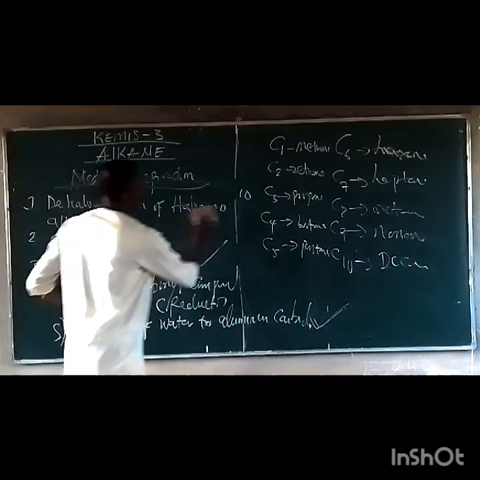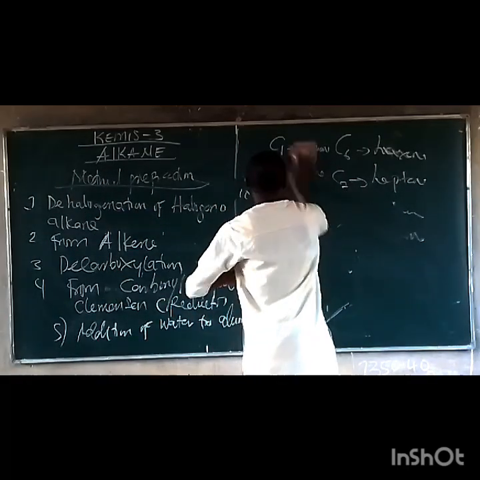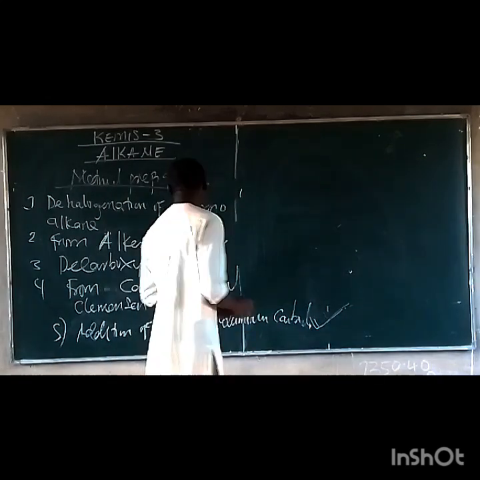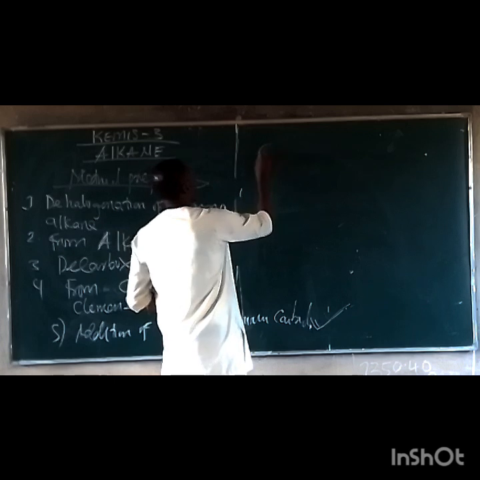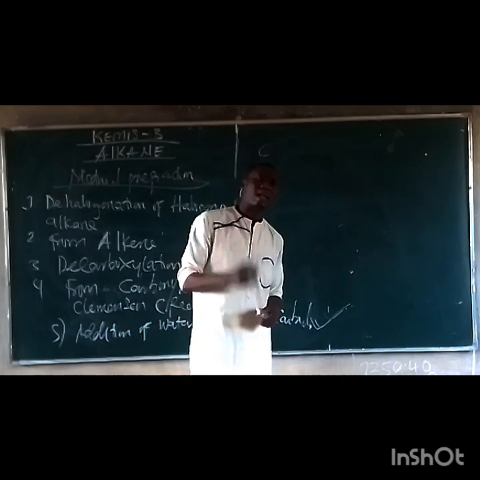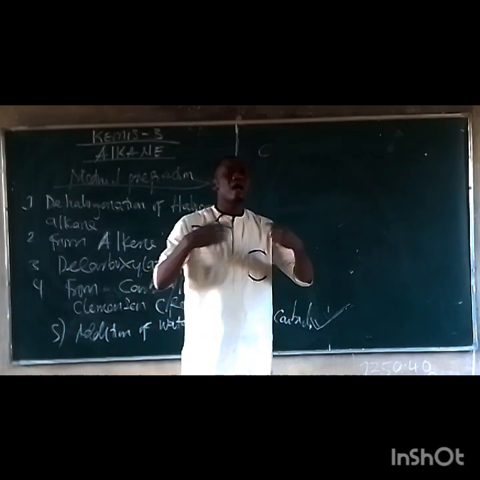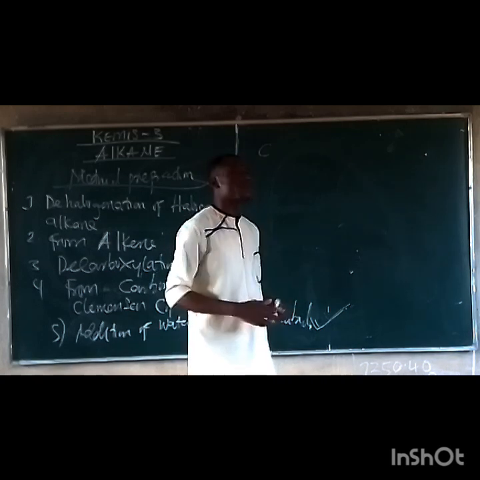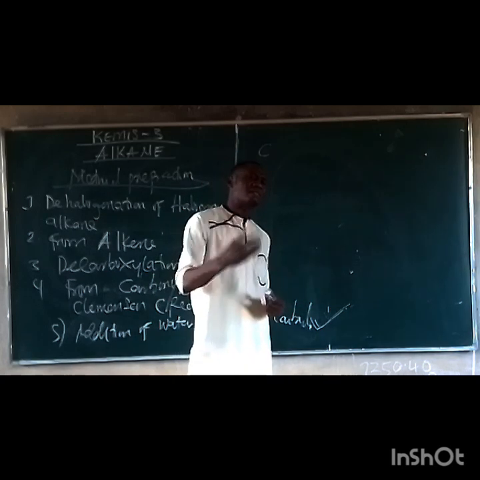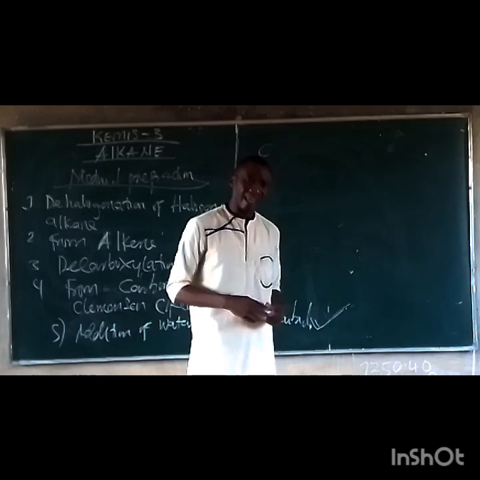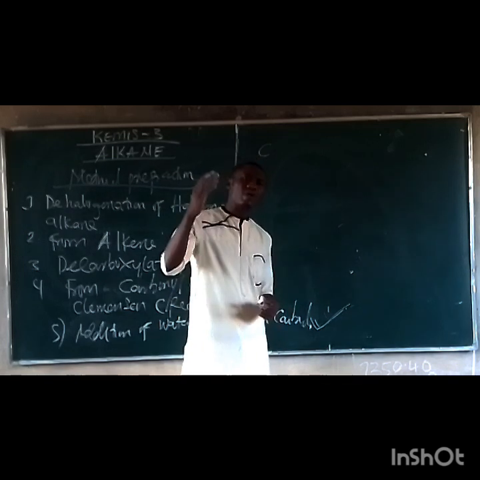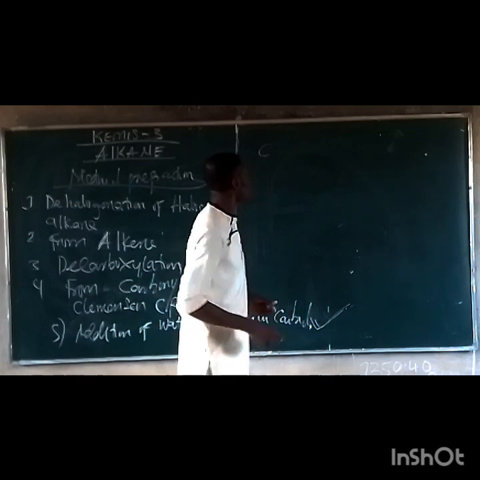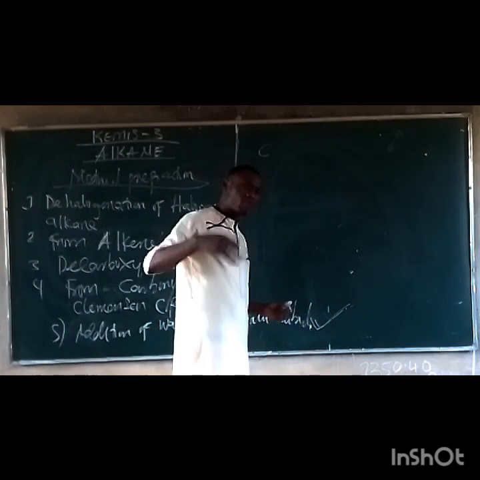Now let's look at the first method, which is the dehalogenation of halogenoalkane. A halogenoalkane is from the haloalkane group, alkanes that have a halogen in them. The halogens are fluorine, chlorine, bromine, iodine.